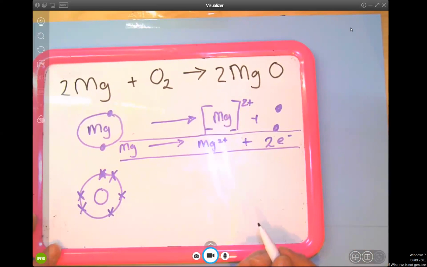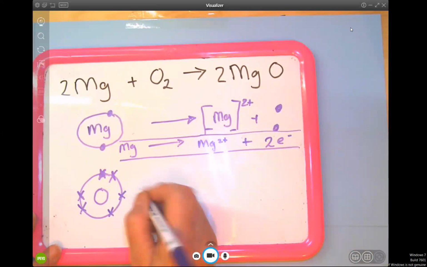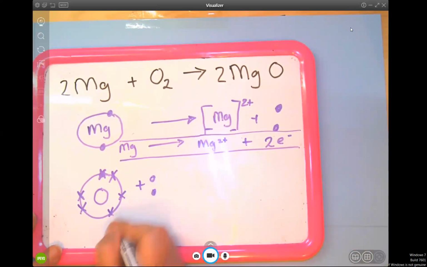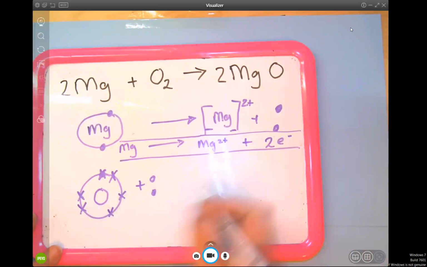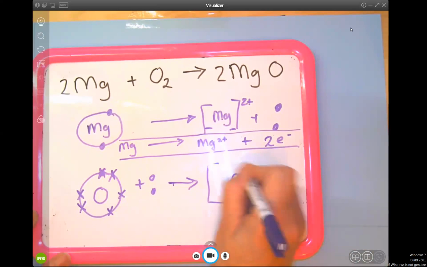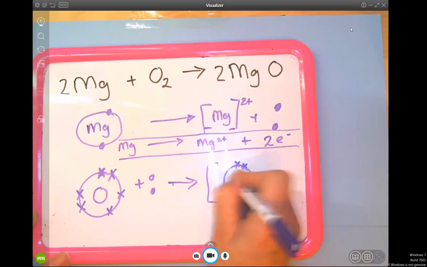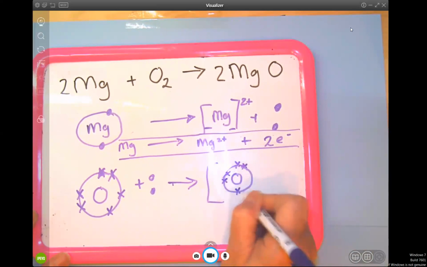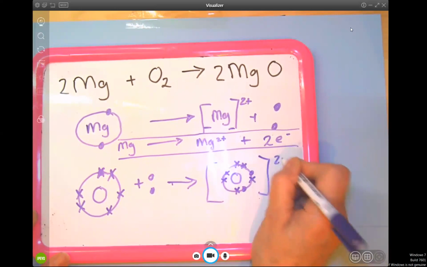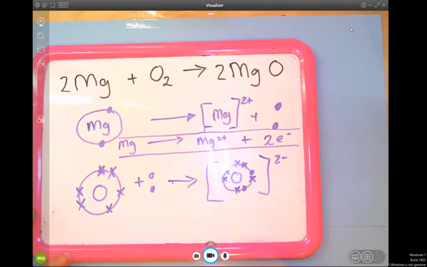So what's oxygen doing? So oxygen is going to gain those 2 electrons, and those 2 electrons are going to go here and pair in here, and it's going to give me an oxygen ion. 1, 2, 3, 4, 5, 6. It's going to have a 2 minus charge. So how can I write that?